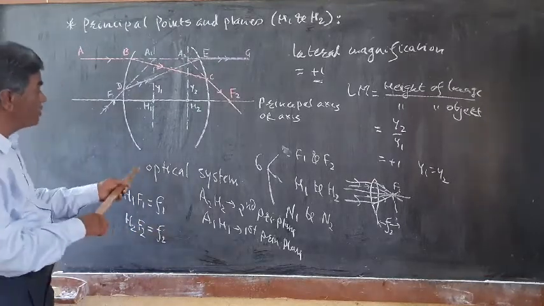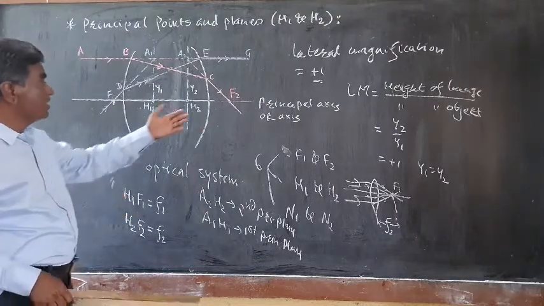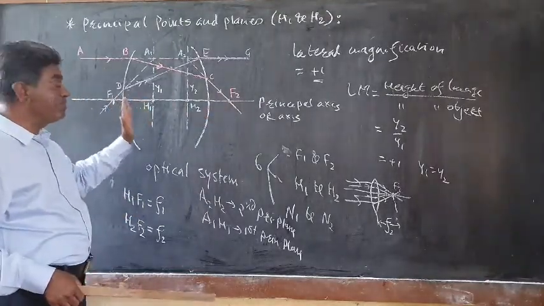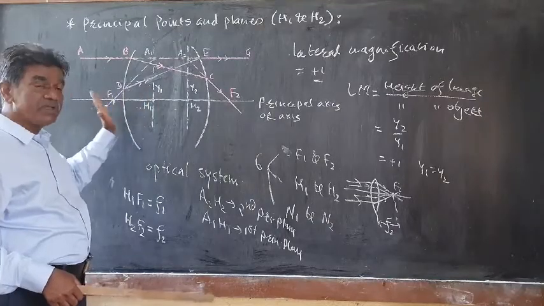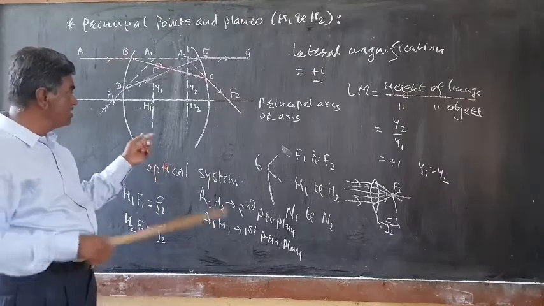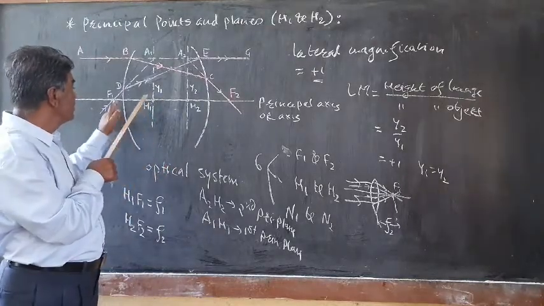So in case of the optical system, the distances of the focal points, or the distance of the image, are measured from h1 and h2. Remember that in an optical system, we will not measure the distances from here.